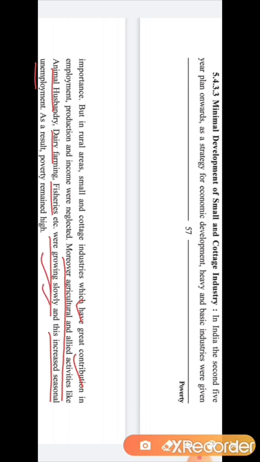There is an increase in seasonal unemployment because a farmer will work for 6 or 8 months on a farm and for the rest of the 4 months he has to remain unemployed because there were no small scale and cottage industries, and that is the reason for the high increase of poverty.